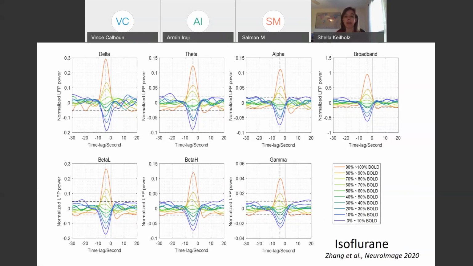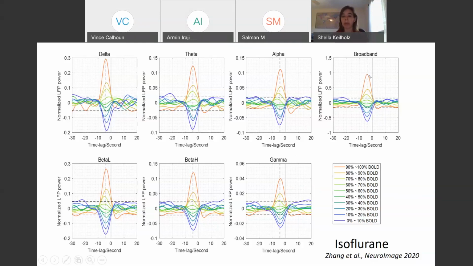So he averaged across all of the bold events that fell within the 90th to 100th percentile for strength, and got one response for each of these different LFP bands, and then went to the next 10% of bold events, et cetera, et cetera.